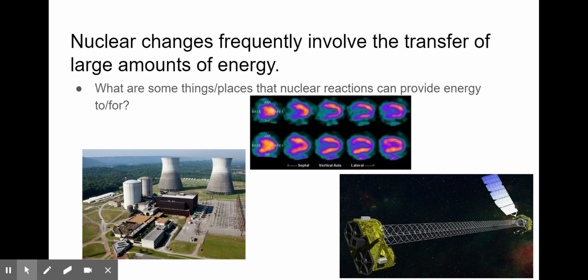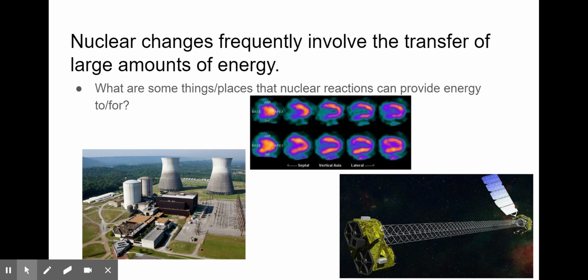So radioactive tracers are injected into patients, and their muscles take up amounts of that tracer, whatever it may be, in certain amounts. So different muscles, bones, things like that, they react to different tracers. Bones, for example, the calcium crystals in their bones will take up different tracers than what their heart would, okay?